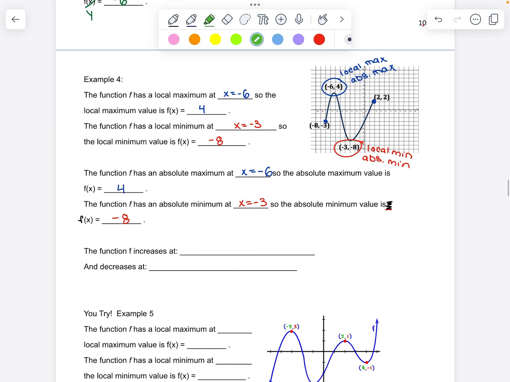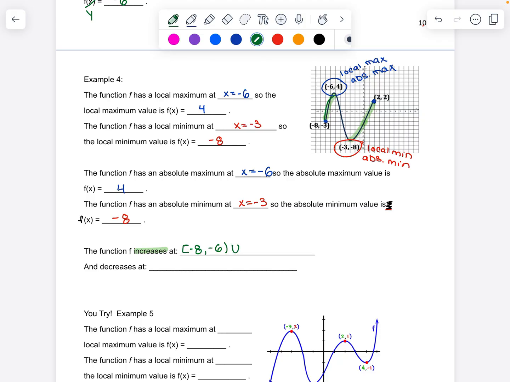So remember, if we're going to go ahead and do increasing and decreasing here, this is going to be going up from left to right. So this is increasing. So increasing from left to right, remember, is x to x. So what is the x value here? The x value is at -8. And it goes until the x value, which is located at -6.